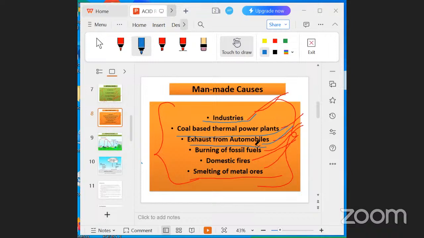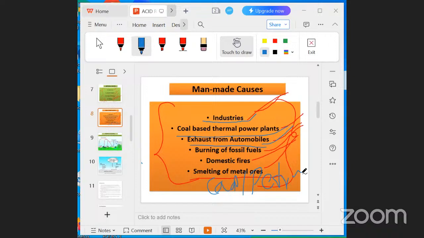Because all fossil fuels, whether it is coal or petroleum and other products, contain sulfur and nitrogen along with carbon.